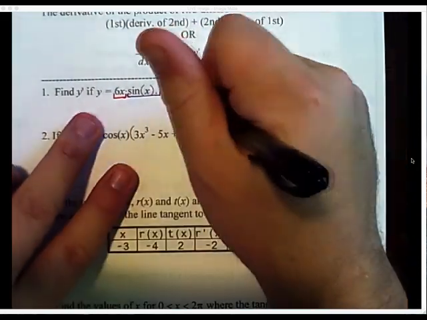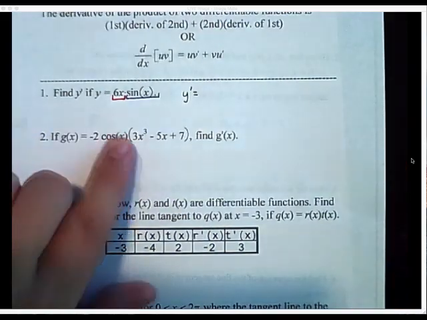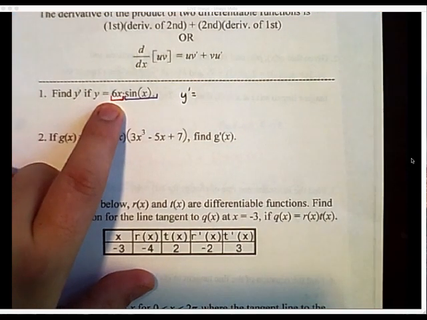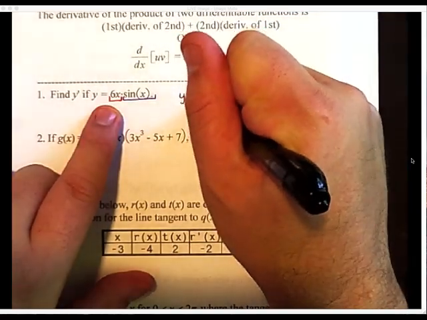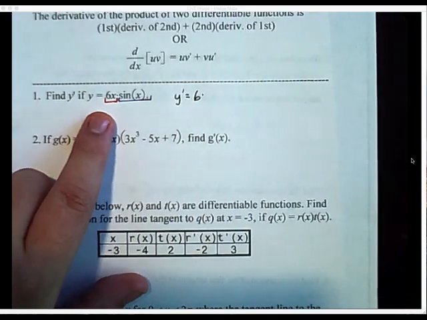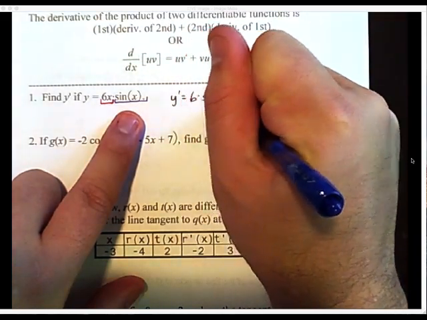So to find y prime, to find the derivative, I'm going to take the derivative of the first. The derivative of the first term would be 6 times the second term. Well, the second term is sine of x.